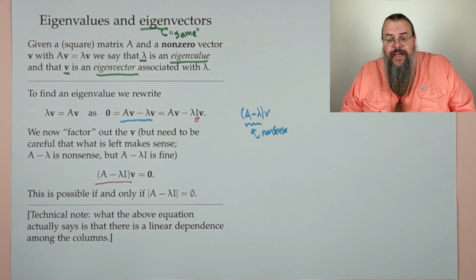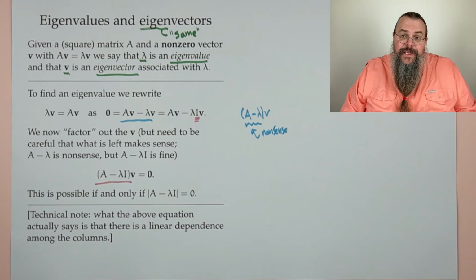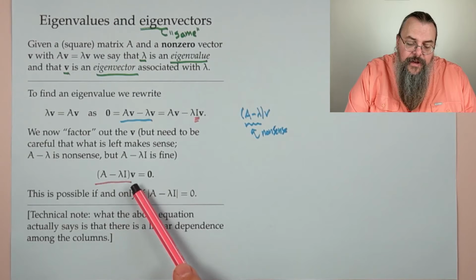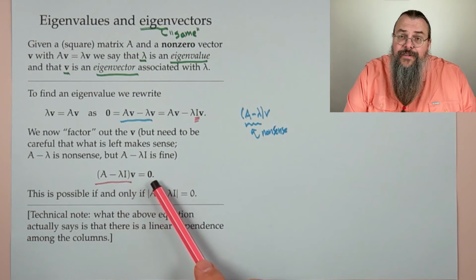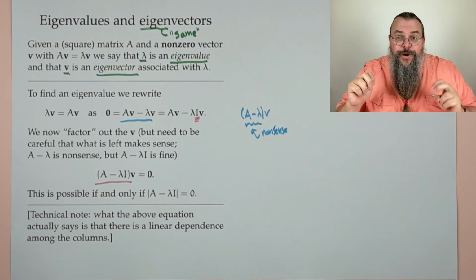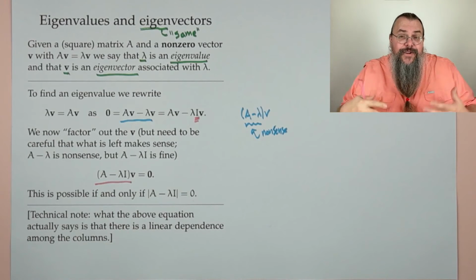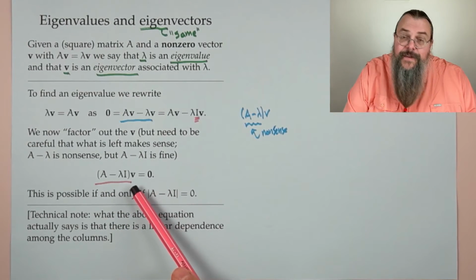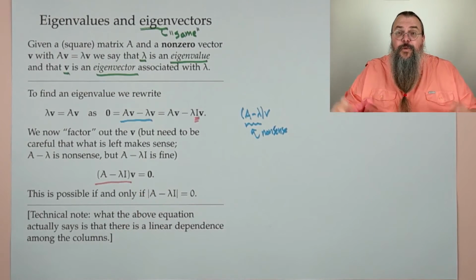Now, it turns out that if this is the case, that I have a matrix times a non-zero vector, and I get 0 out, something has to be wrong with this matrix. Matrices normally only have this relationship if V is the 0 vector. So what's wrong?